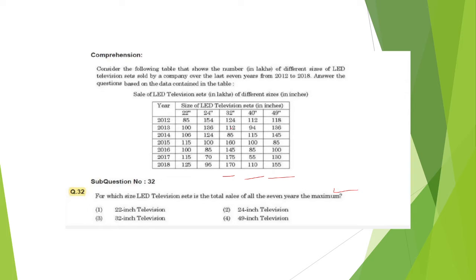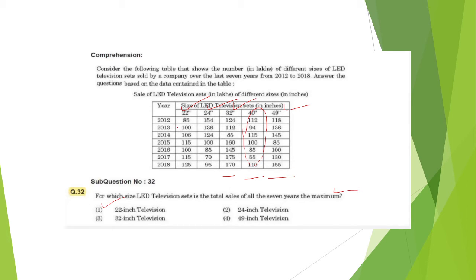We have to eliminate instead of adding all, then compare. Here in the options, whichever are given, 22, 24, 32 and 49, we need not do the sum of 42.